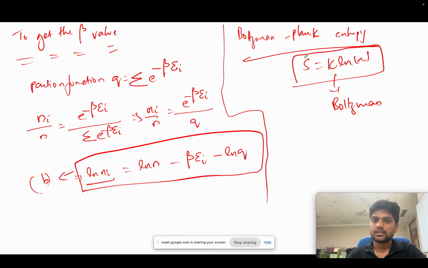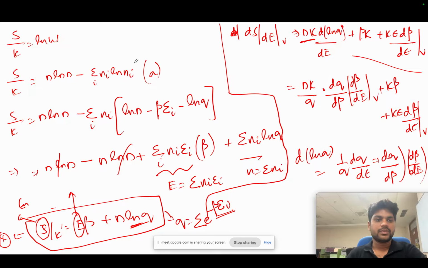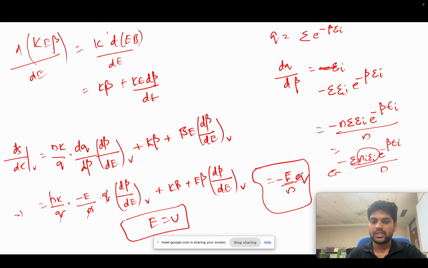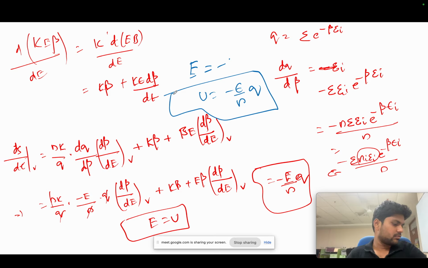Yeah, see here. So from this we have derived the function, right? S by k equal to ln w, and then we got this whole equation, right?